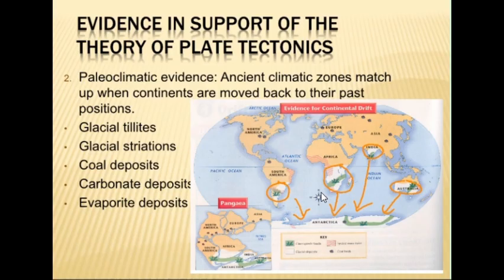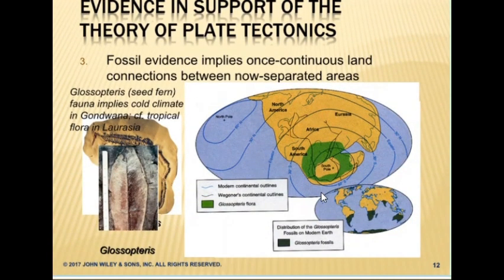Good. All right? And then number 3, we had fossil evidence, which implies once continuous land connection between now separated areas. On here you can see several fossils, but the major story behind this fossil evidence was this fossil here called Mesosaurus, the fossil of this freshwater reptile here. The idea behind it is that Mesosaurus cannot have swum between South America and South Africa.